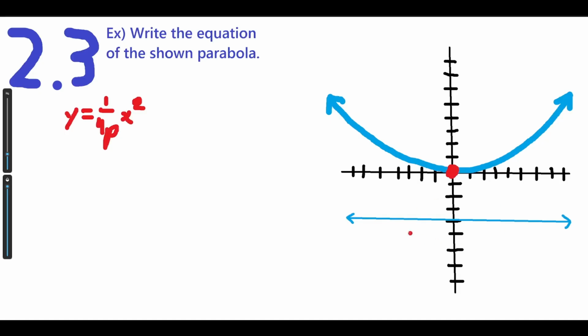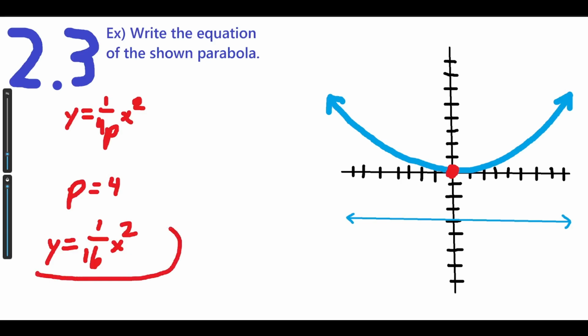And so we see here we have 1, 2, 3, 4 for the directrix. So p is going to equal 4, because the directrix is equal to -p. So plugging this back in, we just get y equals 1/16 x squared. And that's our answer.